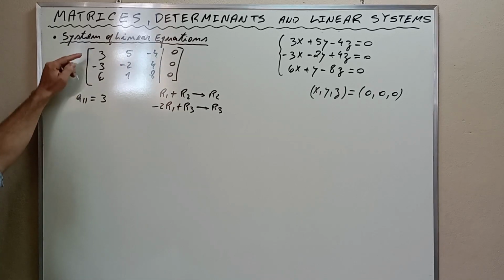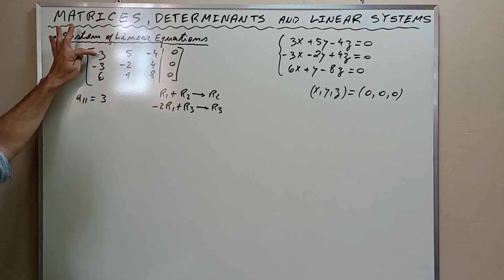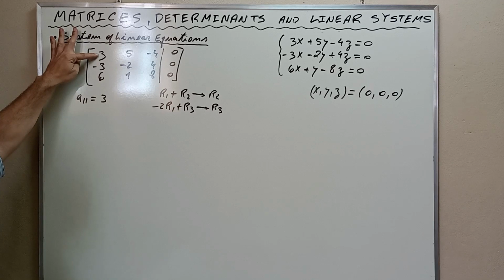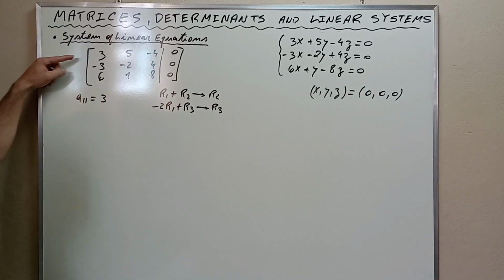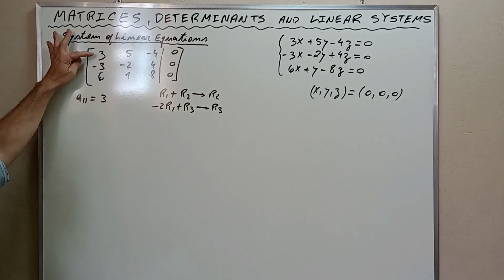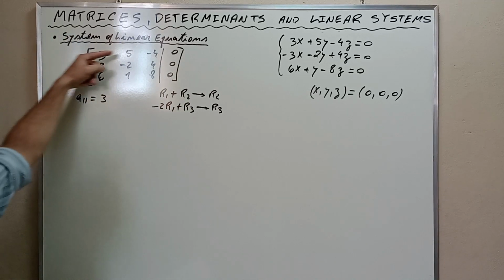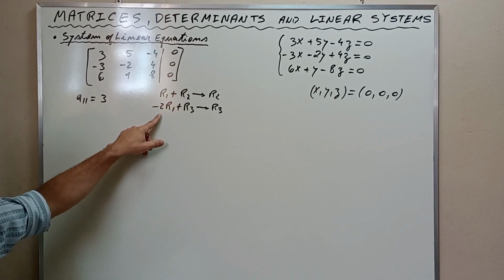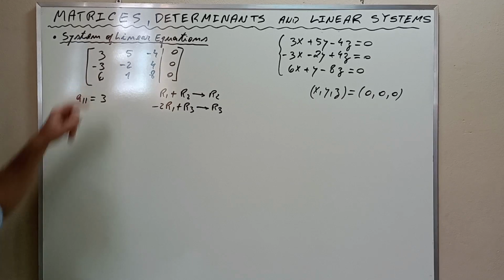But this is a property of matrices: we cannot simply multiply entry A11 by -2 and sum with entry A31. No, no. We have to multiply the entire row by the number. Okay? So instead of only multiplying this 3 by -2, we are going to multiply the entire row by -2 and sum with row 3. And then we eliminate the 6 and put a 0 here.